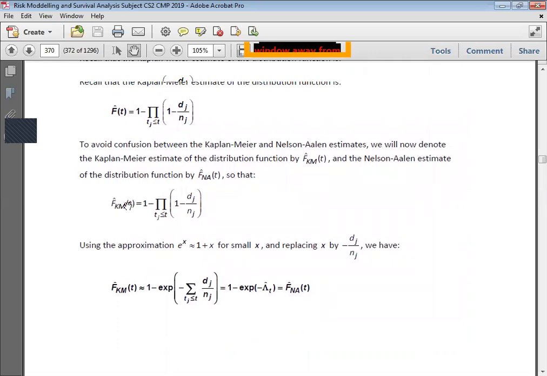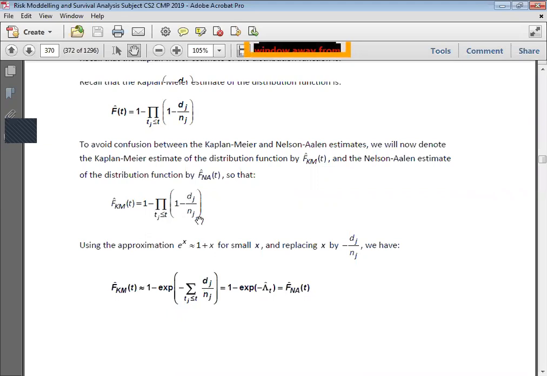to denote that this is the distribution function using Kaplan-Meier, and they will use NA to show that this is the distribution function using Nelson-Aalen. At the end, these are approximately equal to each other. You represent it using this particular approximation.